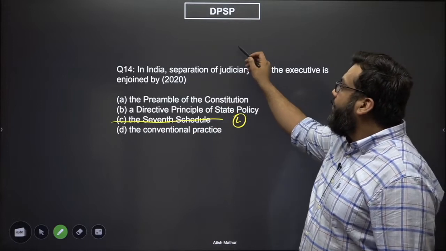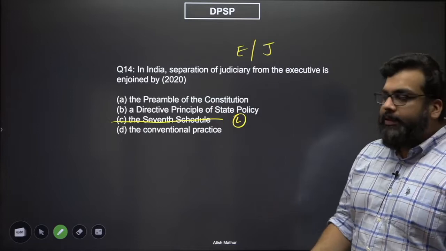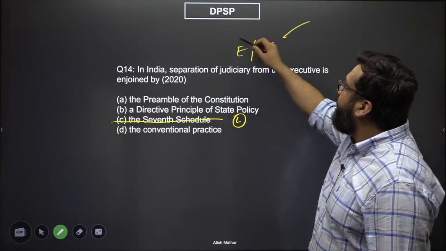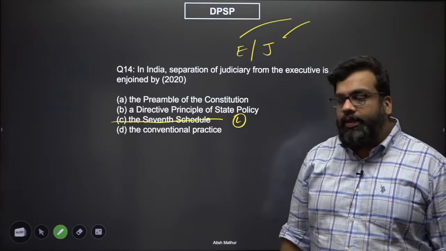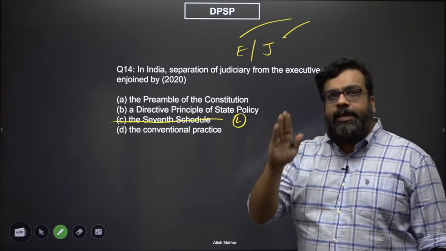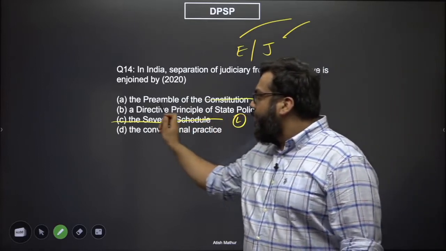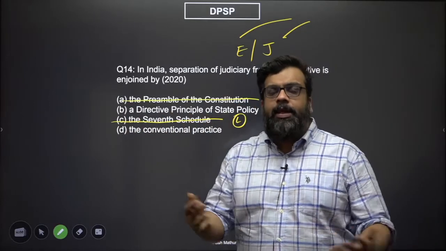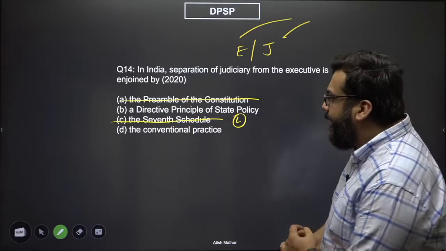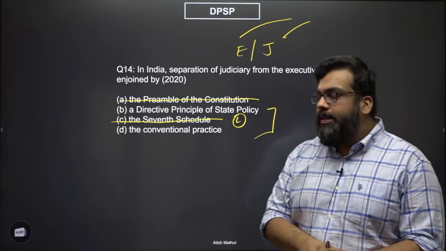Here we are talking about separation of the executive from the judiciary, basically saying we should have more judges so that DMs don't have to perform judicial functions. Fair enough. This seems like something which is fairly technical and fairly detailed and fairly specific. That means the preamble will not contain it, because the preamble usually speaks about larger objectives. We are now left with directive principles and conventional practice.